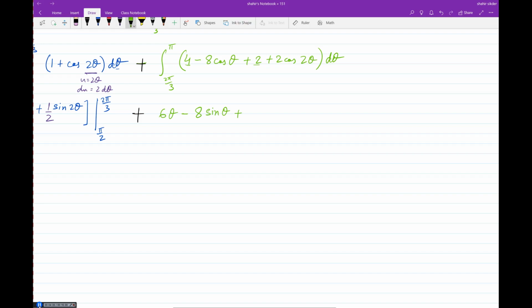And over here there's your 2, the integral of cosine 2 theta is sine of 2 theta, but once again our u is 2 theta, so your du is 2 d theta, so you need a 2 provided you put a 1/2 in here. And all of these greens are evaluated from 2 pi thirds to pi.